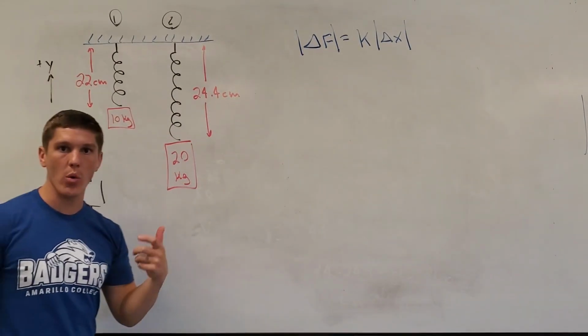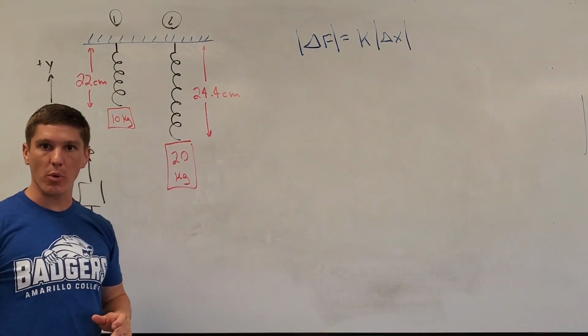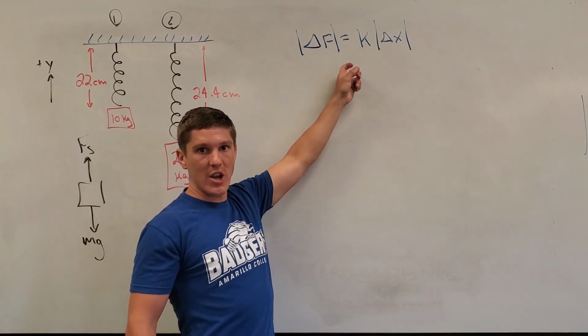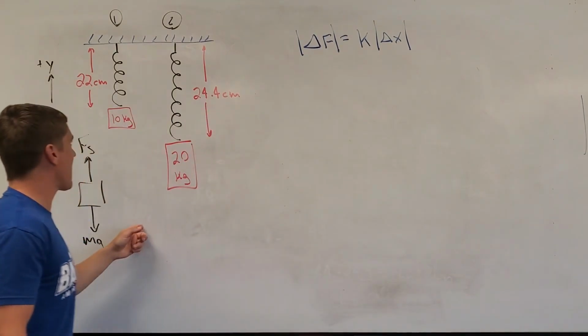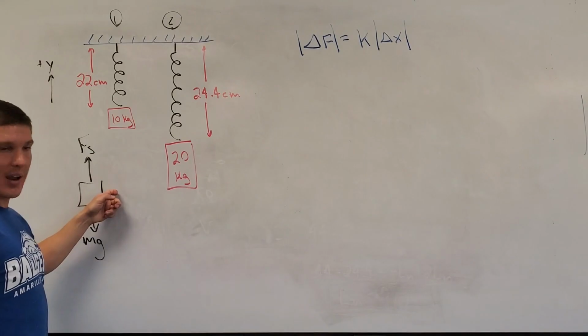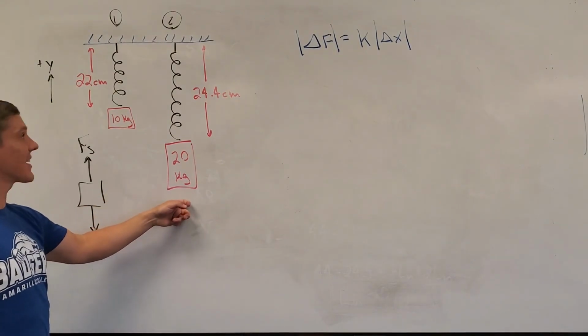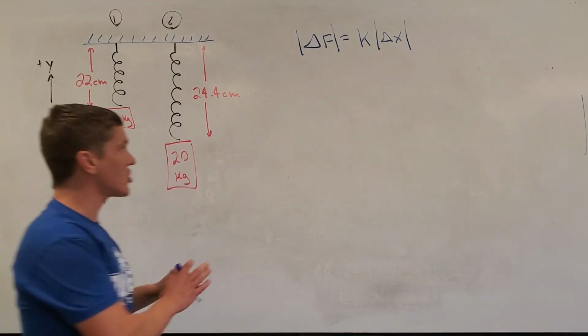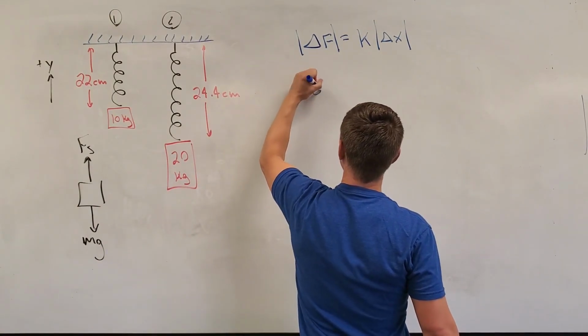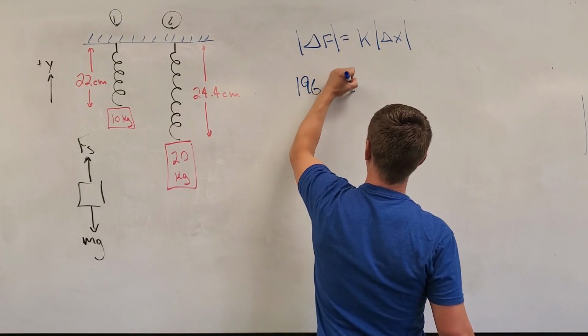So anytime that you don't know the natural length of your spring, this is a much simpler form to try and solve these equations in, because I can just say, okay, initially I had 98 newtons hanging from my spring, and then I went to 196. So I had some change of going to 196 from 98.